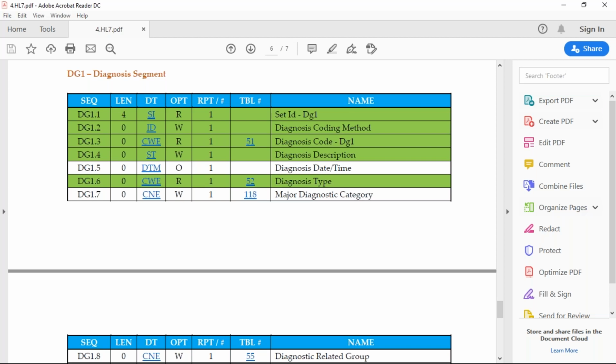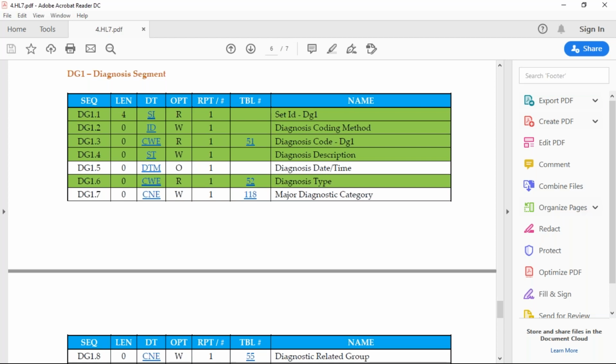DG1.1 has set ID. DG1.2 has diagnosis coding method. The current method that we are using is ICD-10, ICD version 10 basically. That information will be sent in DG1.2. DG1.3 will have the actual diagnosis code, and DG1.4 will have diagnosis code information.